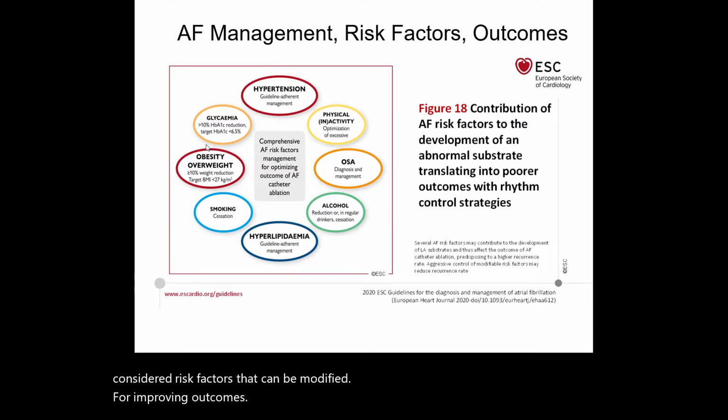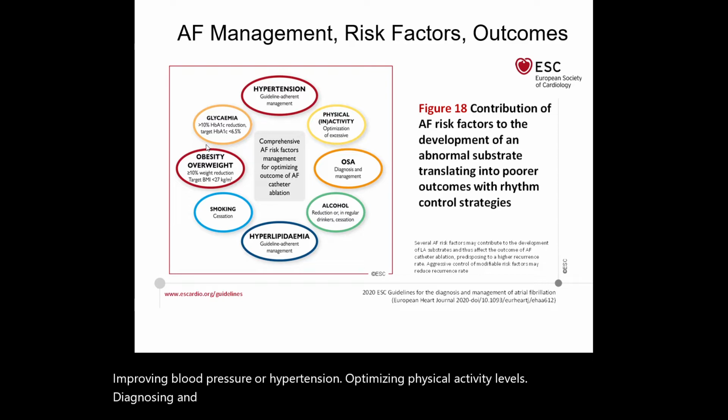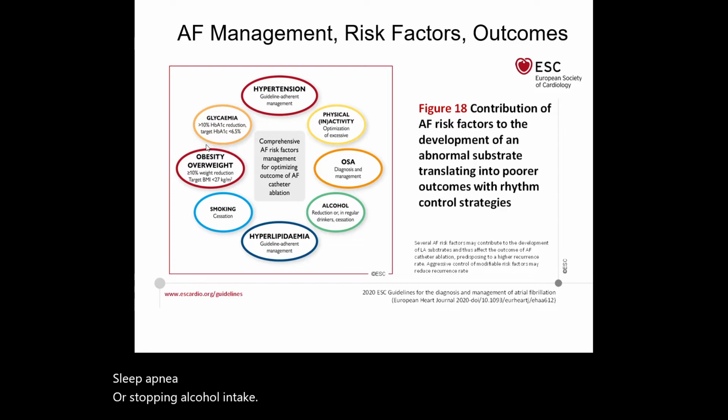Improving blood pressure or hypertension, optimizing physical activity levels, diagnosing and managing sleep apnea, reducing or stopping alcohol intake, managing high lipid levels, stopping smoking, weight reduction, and glycemic control.